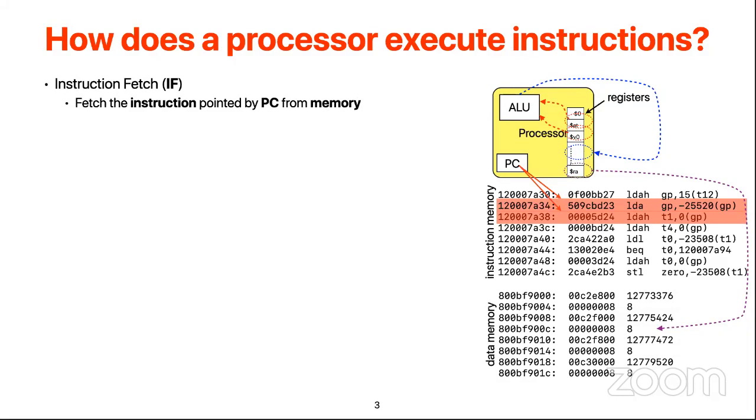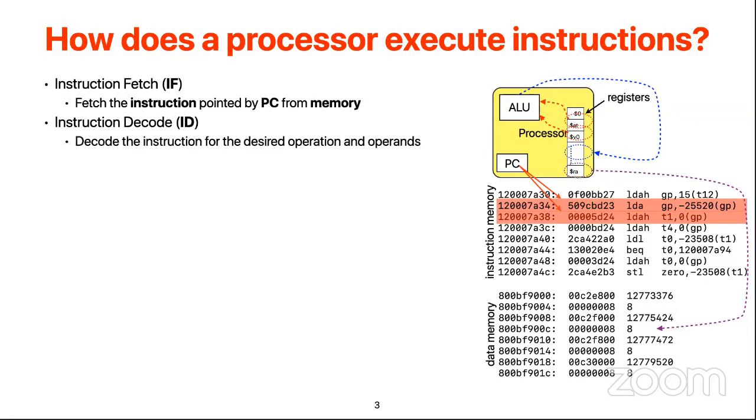After we fetch this instruction, we can decode it. When we say decode, it means that we want to figure out what the instruction is doing, meaning where the operands are and what the desired operation is.